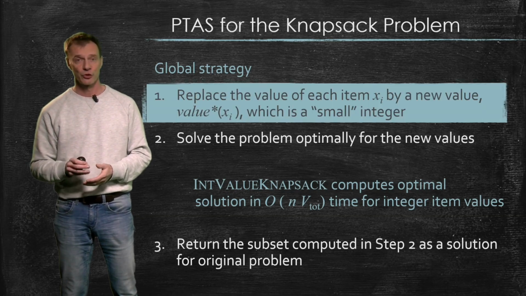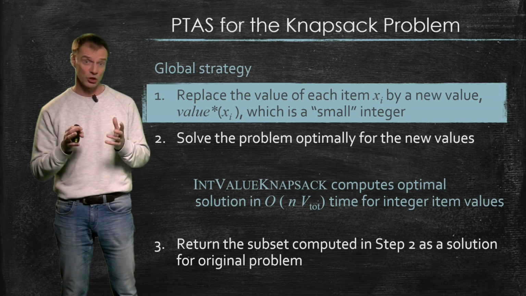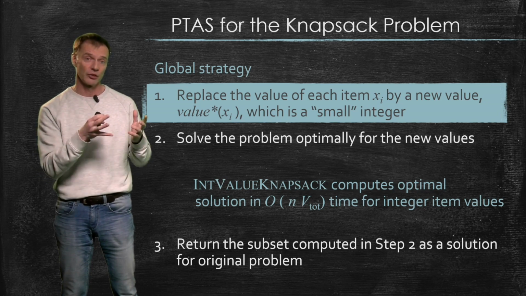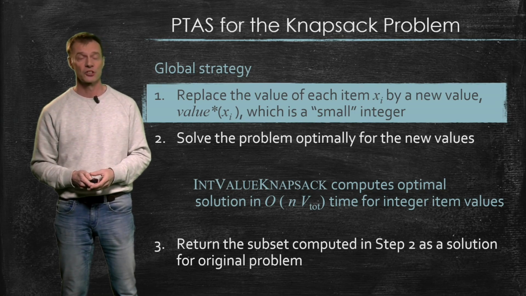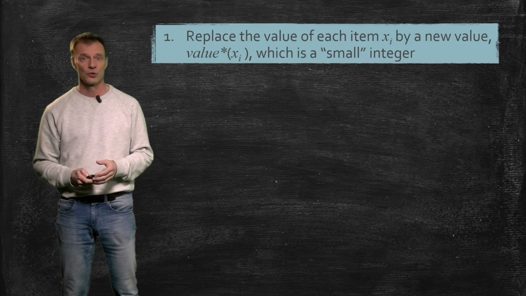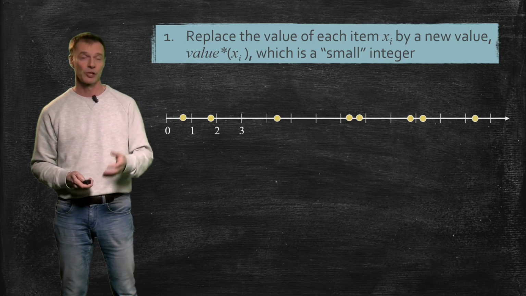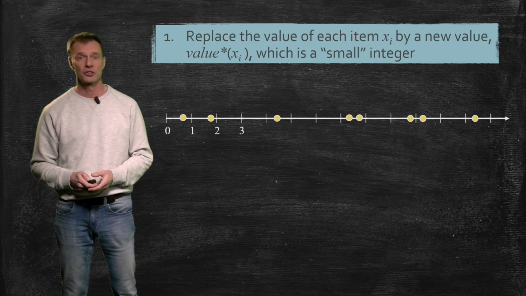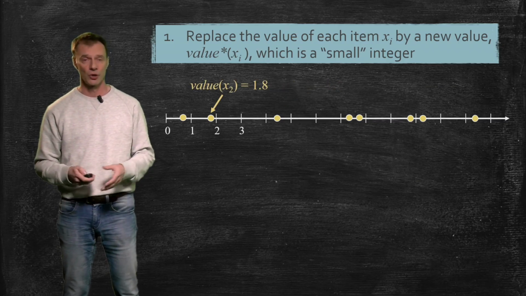Okay, so the first thing we're going to do is look at step 1. What is a good way to replace the values by some new value star, which is a small integer? The first obvious way would be to simply look at all my item values. For instance, here I have an item of value 4.4, here I have another item, and so on.